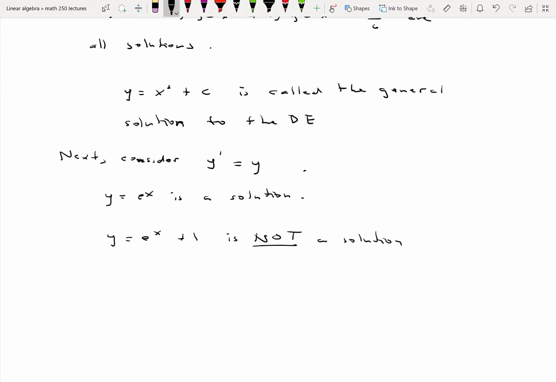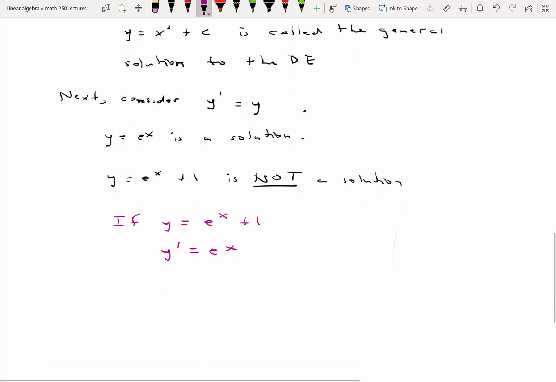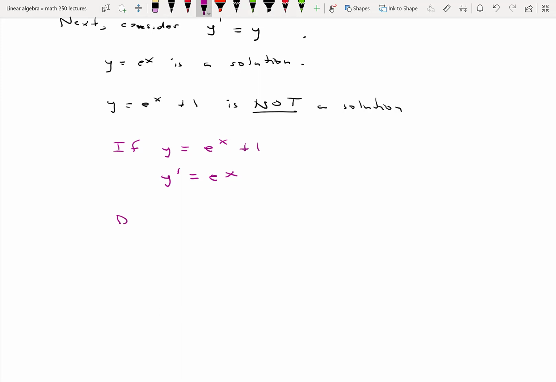Why? Well, let's see what happens. If y equals e to the x plus 1, y prime equals e to the x. The differential equation was y prime equals y. So if you substitute e to the x plus 1 into the differential equation, you get e to the x on the left-hand side, and it has to equal y.